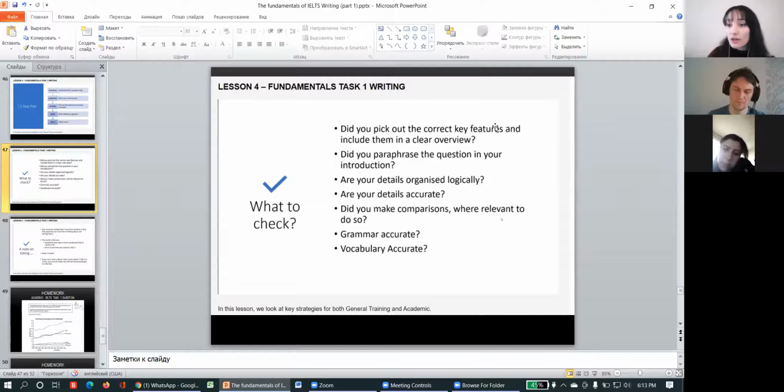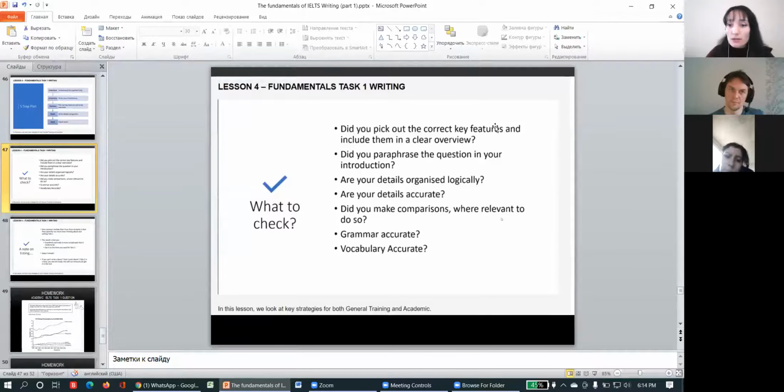I was talking about correct dates and also numbers. Please be accurate here, because they will definitely take the points out. Did you make comparisons where relevant? Maybe you will compare the red line with the blue one, maybe you will not, so you decide.